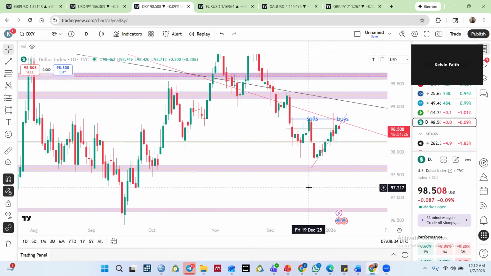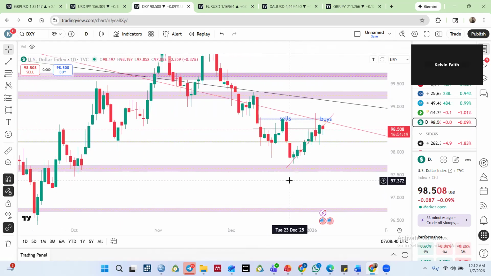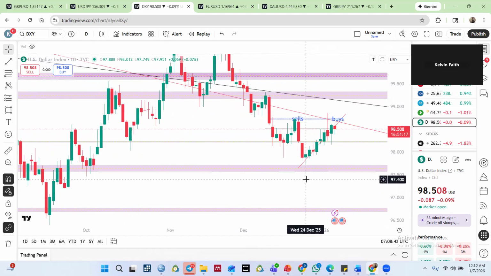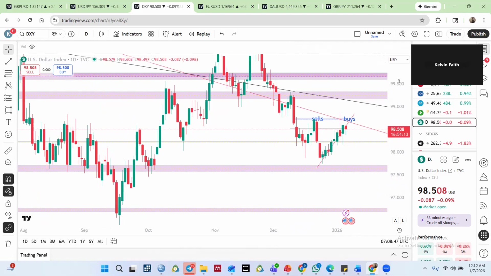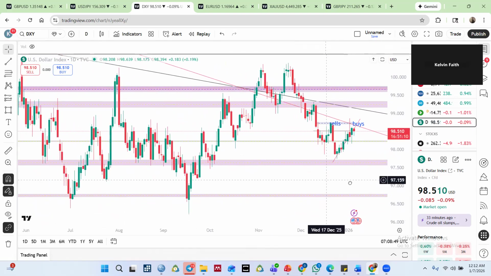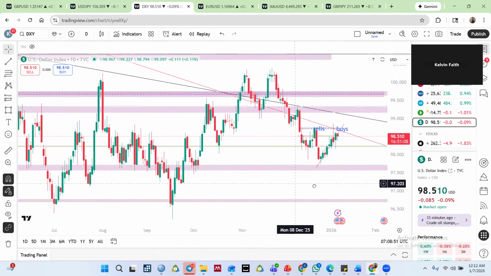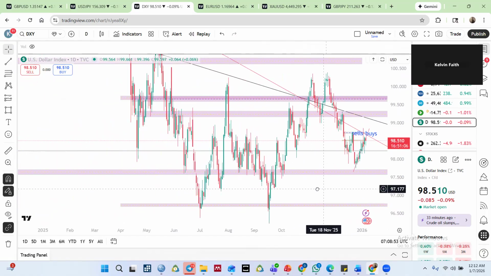If the DXY is dropping, USD pairs technically might be dropping. So USDJPY will be selling, and Euro USD and GBP USD will be moving up. At least the pairs that I've mentioned have much stronger correlations.